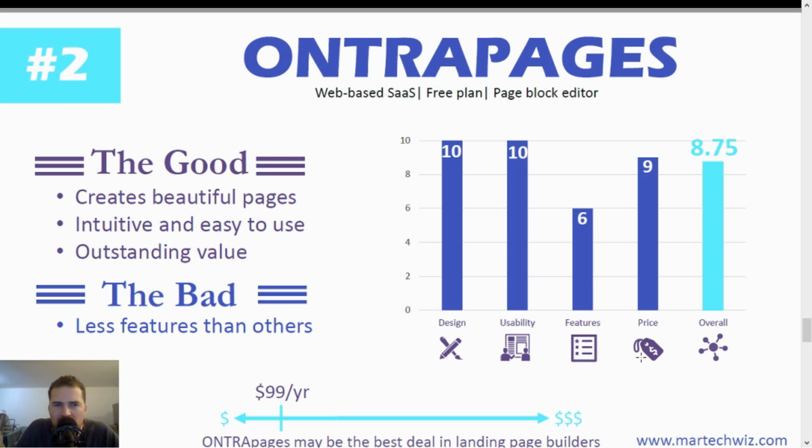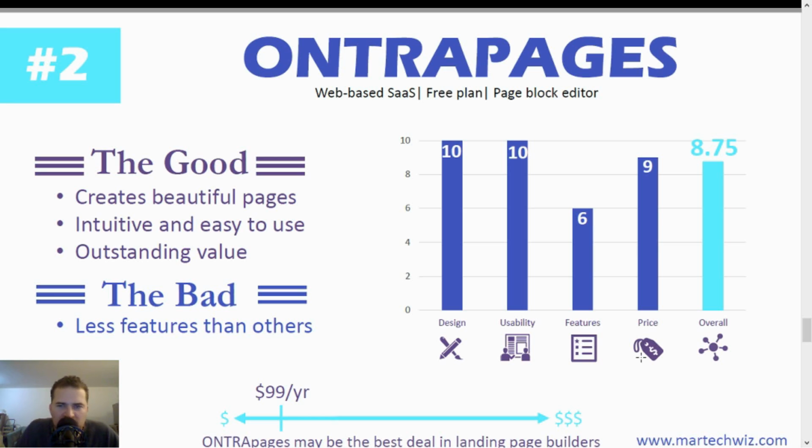So I would actually recommend not going with the free plan. There's so much more you can do, even though it's a good free plan, and it's so little to get up to the premium level because they only have one paid plan. If you can, allocate that budget, I would definitely do that. The only downside is that they have fewer features than others.